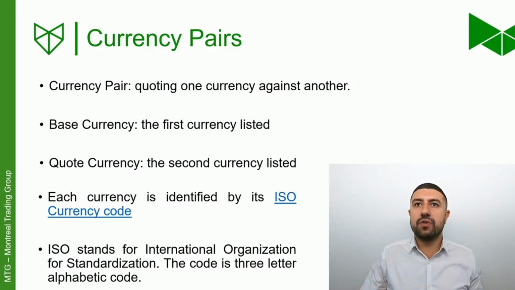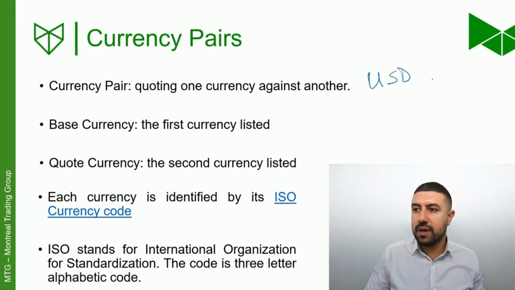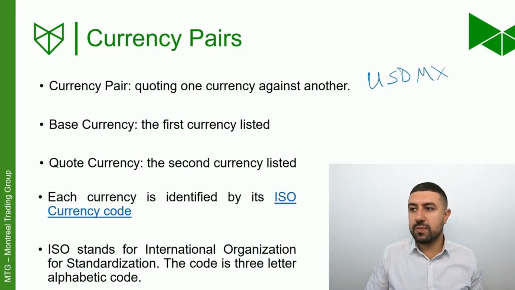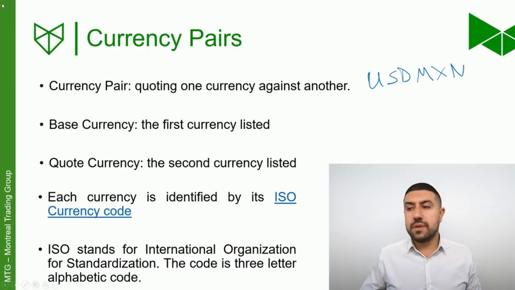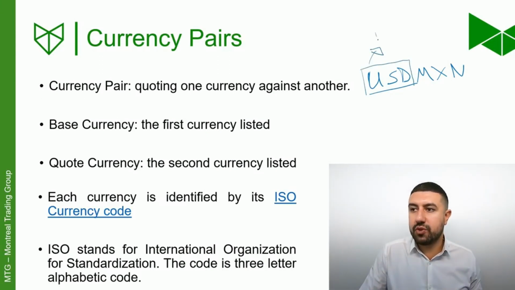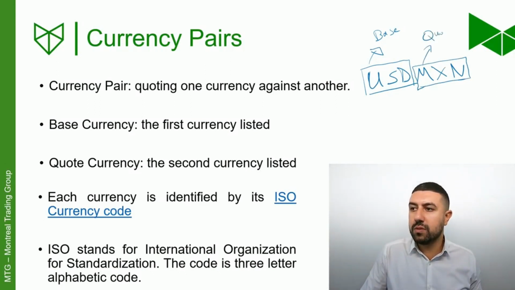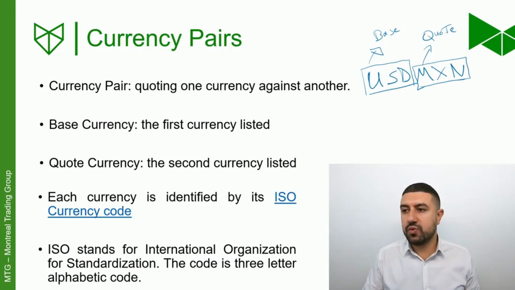So for the previous example, USD to Mexican pesos, the USD is what we would call our base currency, and the Mexican pesos is our quote currency. So this would be the base currency and this would be the quote currency.